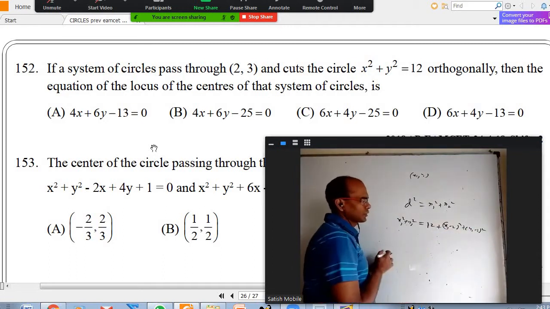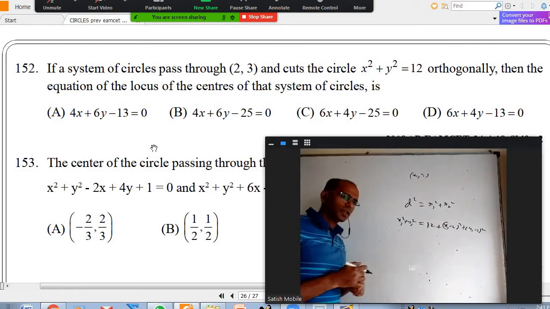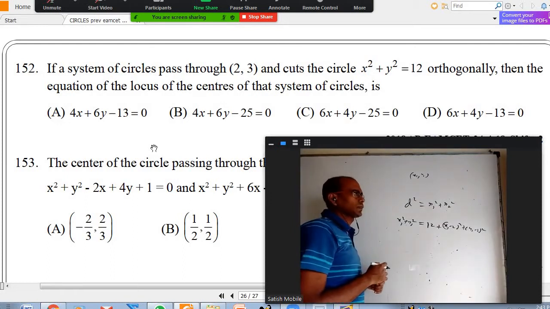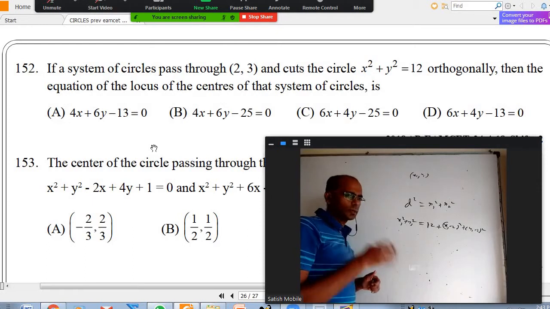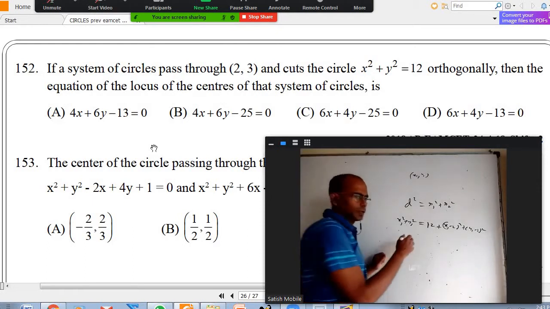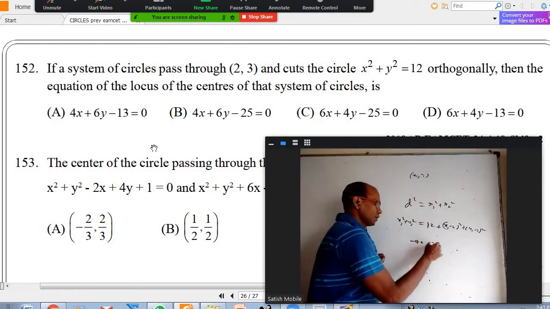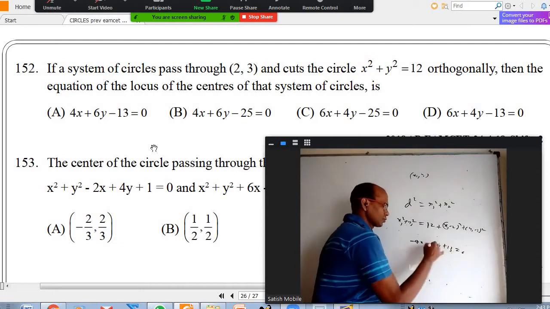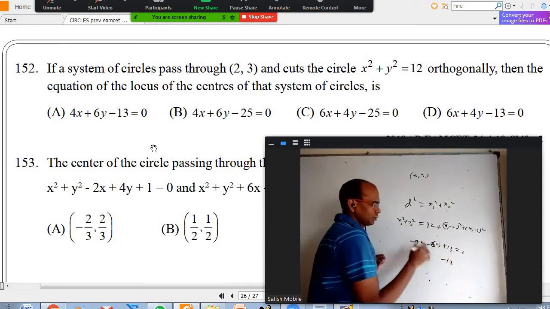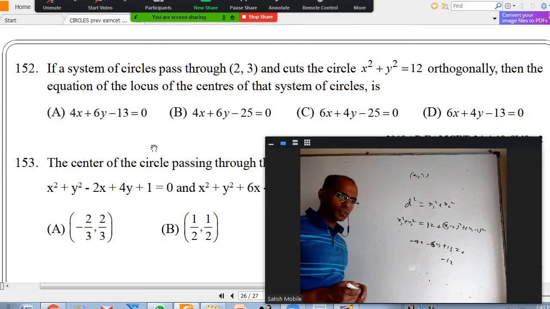So 25 I'm taking. If I find the radical axis, why will I not get plus 13? Yeah, correct, 25, right? Minus 4x minus 6y plus 13 equal to 0. This is minus 12. So 4x plus 6y minus 25 is coming.